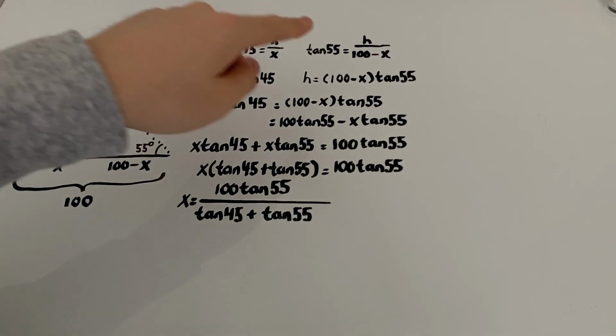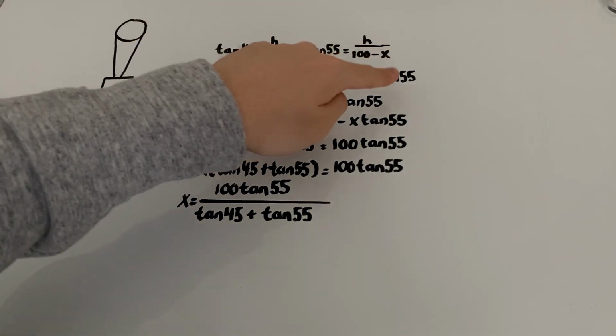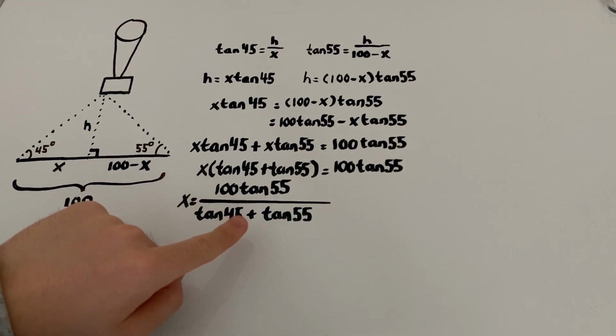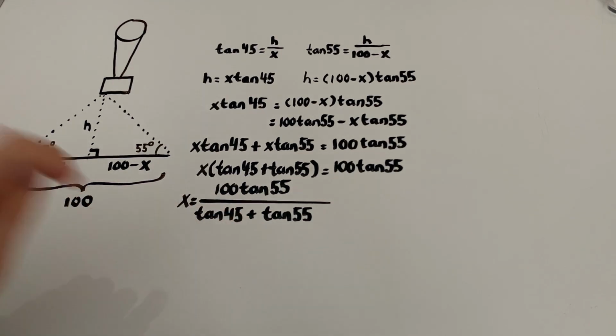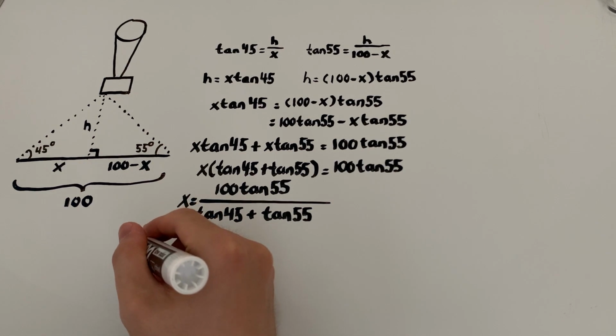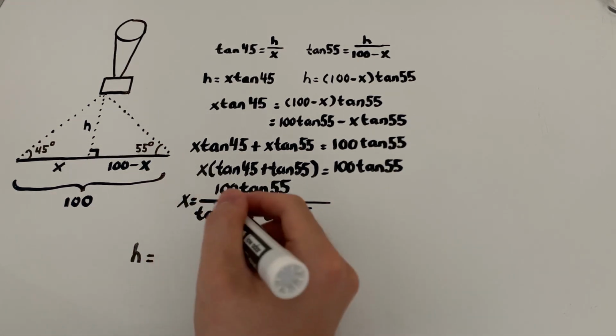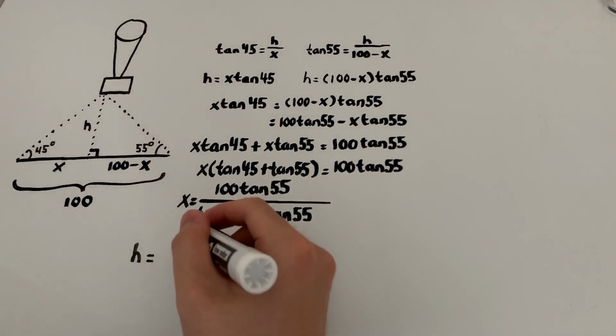It's also equal to 100 minus x times tangent 55, but this first version is a little easier to find h, because all we're going to do is take this, which we know is x, and multiply it by tangent 45. So in the calculator, you're going to put something like this. h equals x times tangent 45.